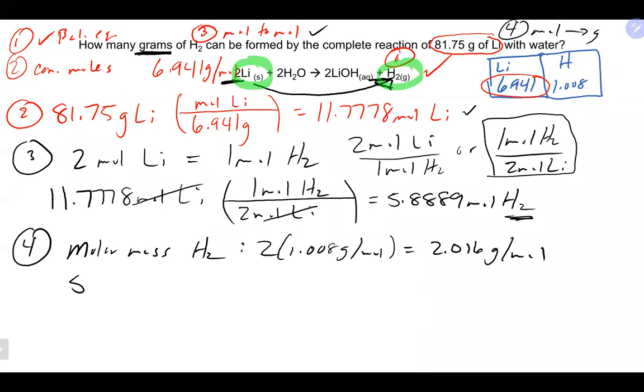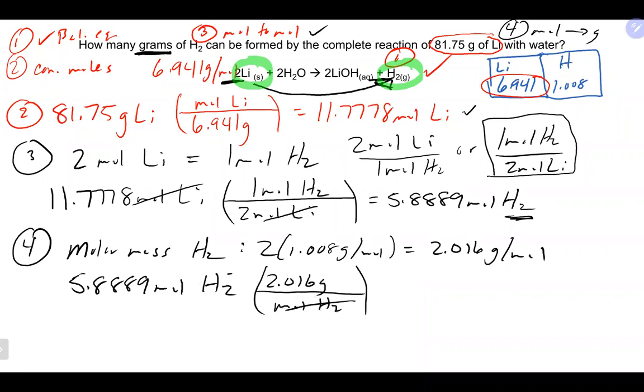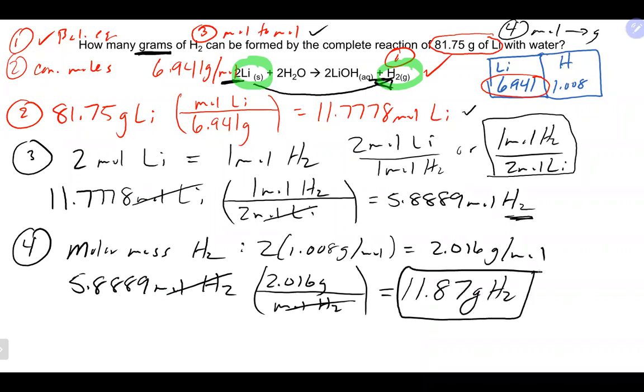So finishing up here with our number from above, we now are just really doing a conversion of units to grams. So taking moles to grams here. Moles will cancel and will yield us about 11.87 grams of H2.